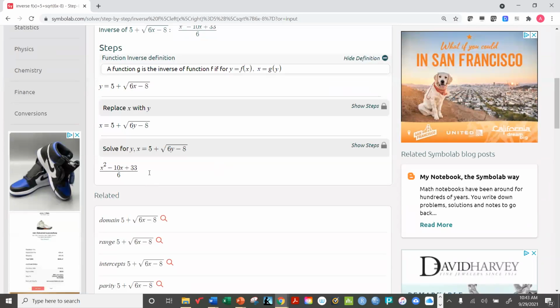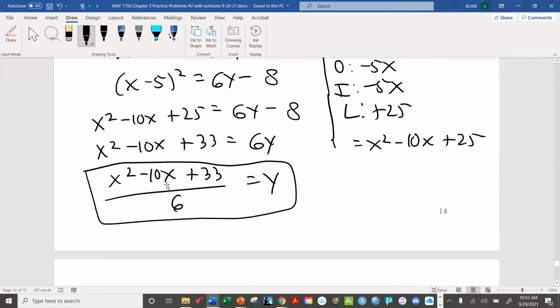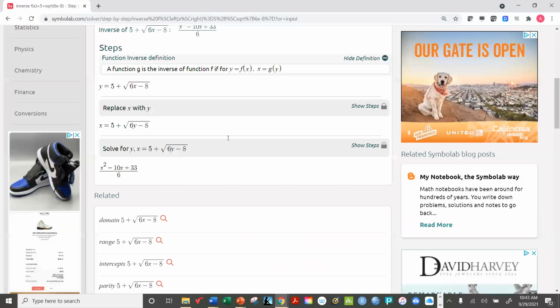And ta-da, x squared minus 10x plus 33 over 6 is indeed the correct answer. Excellent.